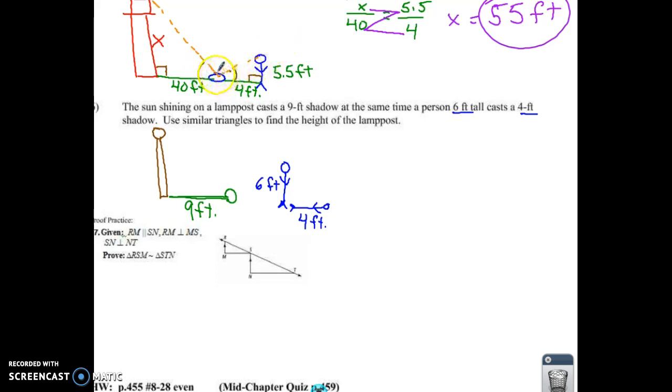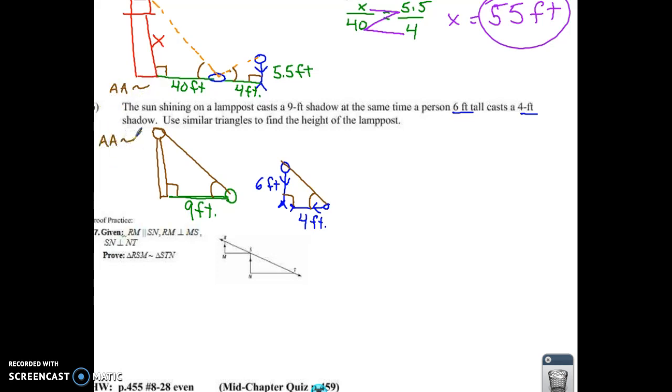She looks down at it, and so by the AA similarity, these two triangles are going to be similar. With this one here, here's the sun shining. So we have right angles, and the sun will be at a certain angle of elevation, which is this angle right there and this angle. So again, just like the above problem, these two are similar by the angle-angle similarity postulate.